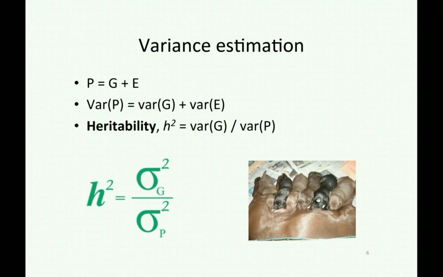So in this picture, the individuals are from the same family. But for example, for a trait like coat color, one is brown, but another is black and also brown. So there are variations.